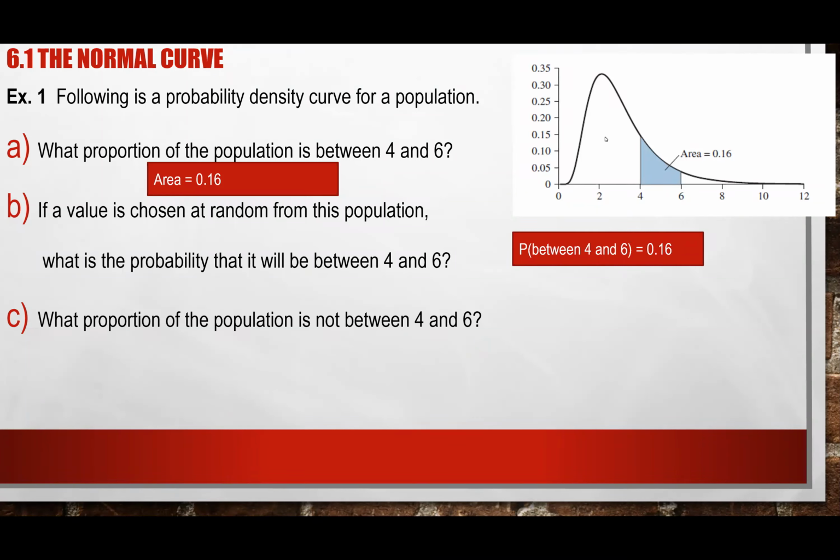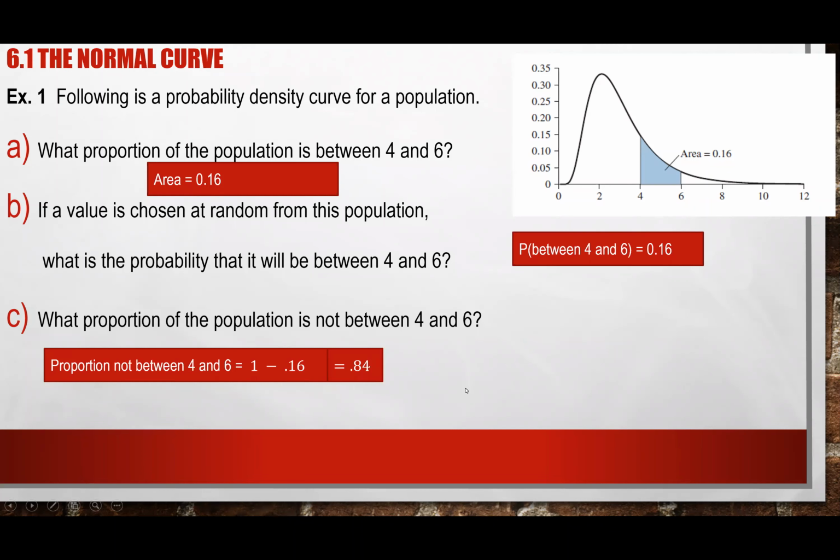What is the proportion of the population that is not between 4 and 6? Reminder, our rule is that underneath this curve, the total area underneath this probability density curve is 1. So if we know the total is 1, and this thing here is 0.16, all we need to do is take 1 minus 0.16 to give us 0.84, which is the leftover of this group of items and this group of items.